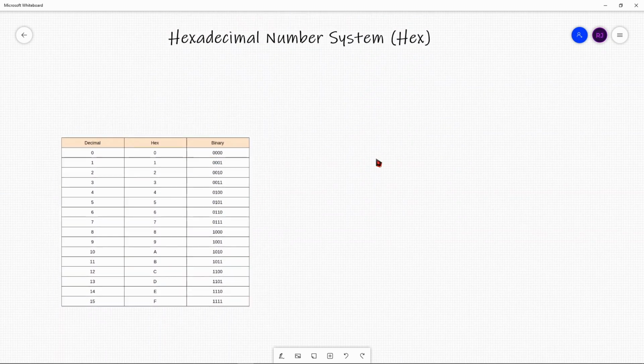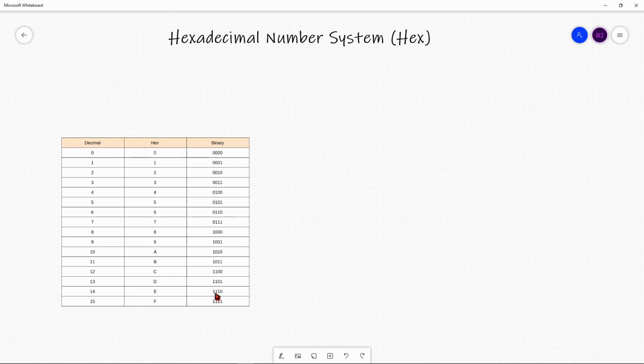And why would you use it? You use it because we know that computers use binary, zeros and ones, to represent all the numbers in the system. But it would be very tedious to represent a really, really long string of binary numbers in binary or decimal. So that's why we use the hexadecimal system.